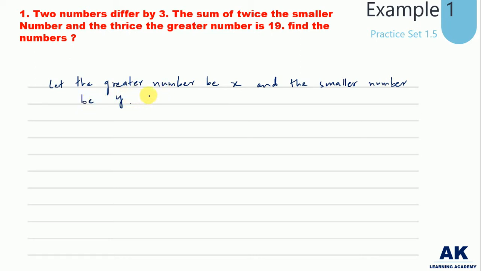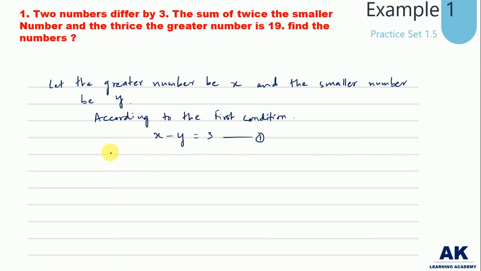Okay, now according to the first condition, I can say that x minus y is equal to 3, right? That is, the difference of these two numbers is 3, right? Let's call this equation number 1.